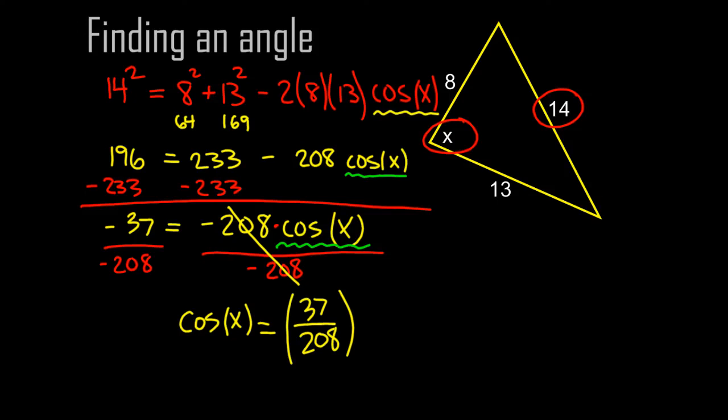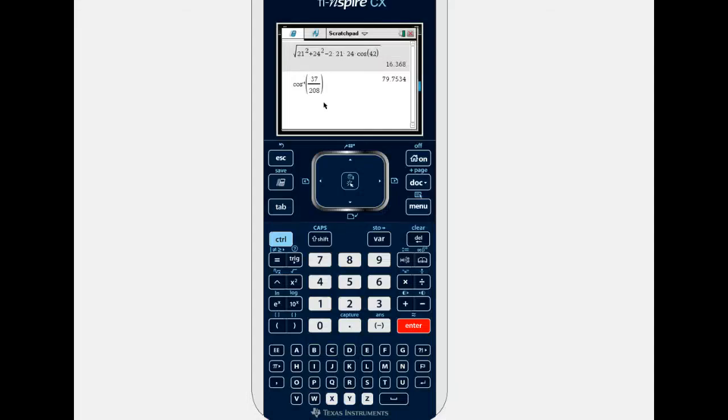So that would be what angle corresponds to the adjacent side of 37 and the hypotenuse of 208. So to solve that, you would use the inverse cosine of 37 over 208, and that will give you a corresponding angle of x. Looks like the cosine inverse of 37 over 208 is 79.75.